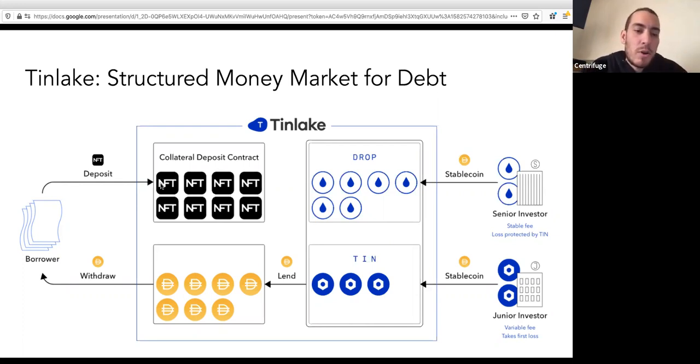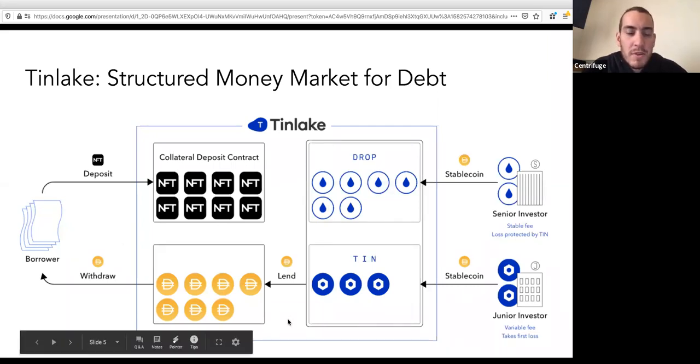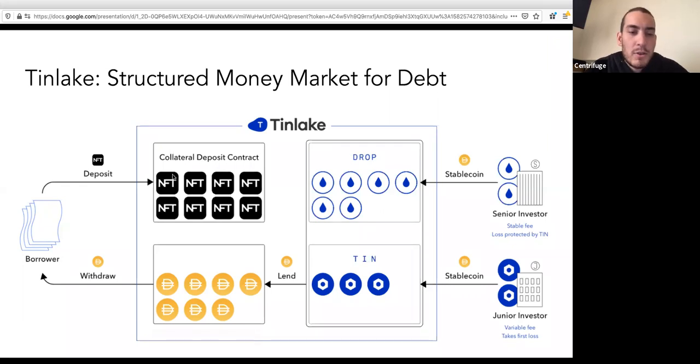At this point, you can try to liquidate this individual NFT before the entire portfolio goes bankrupt. There's a little bit of buffer where the 200,000 DAI that the tin token holders invested might cover some of the loss, and you might not have a complete default of the portfolio if just one asset goes bad. So what you do then is you liquidate this NFT.